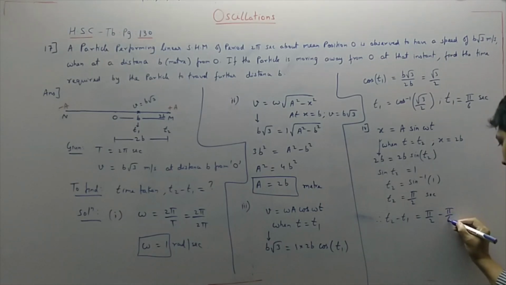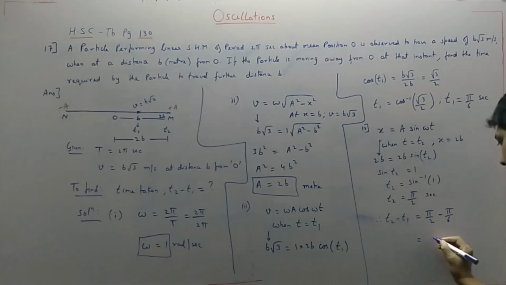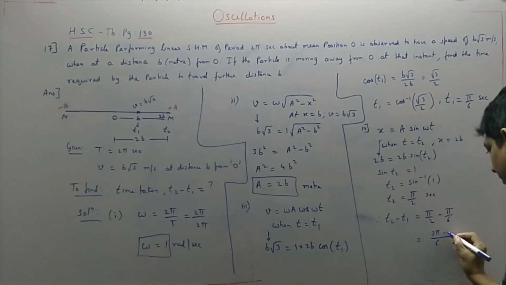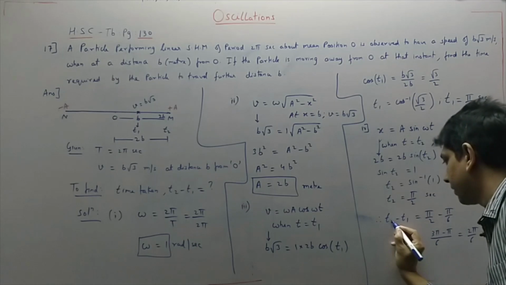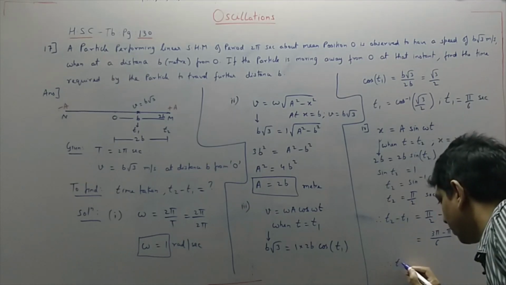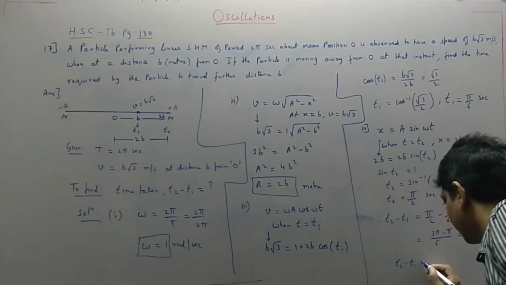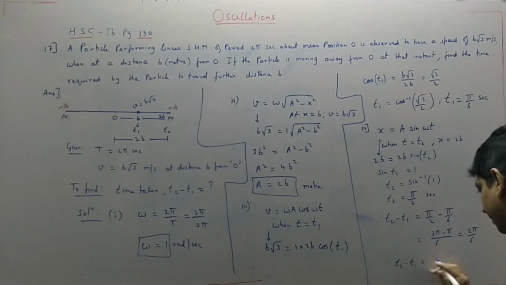Solving this, with LCM 6, we get 3 pi minus pi, which is 2 pi by 6. Finally, t2 minus t1 is pi by 3.